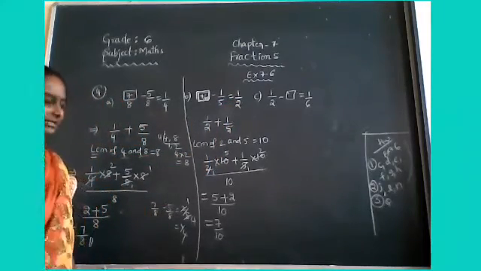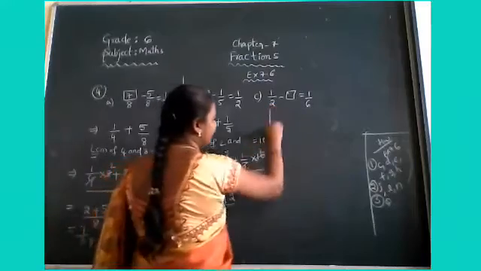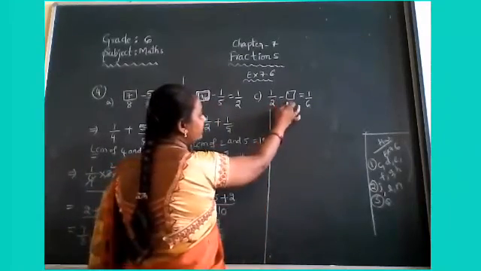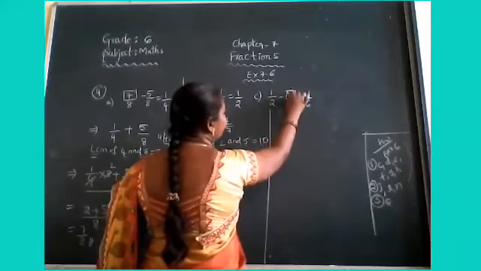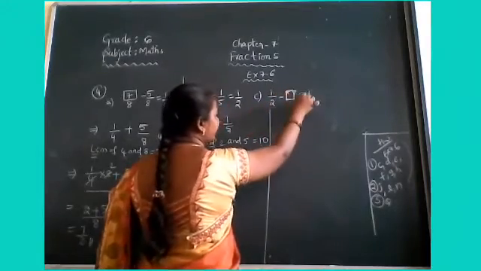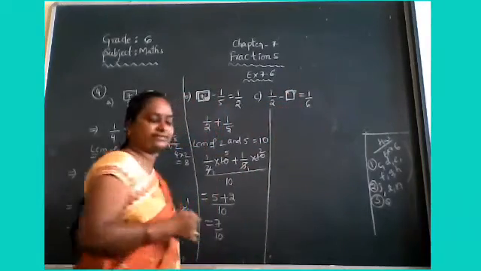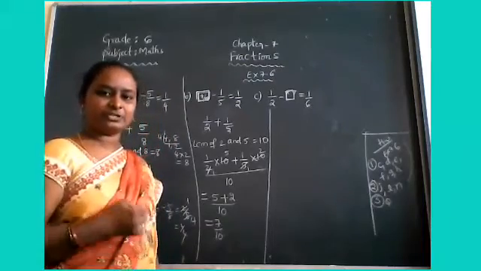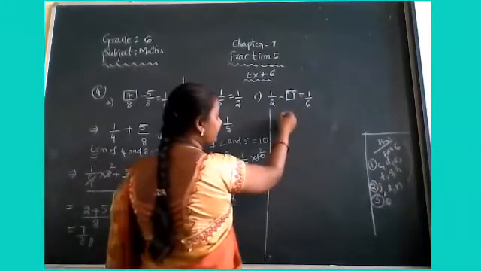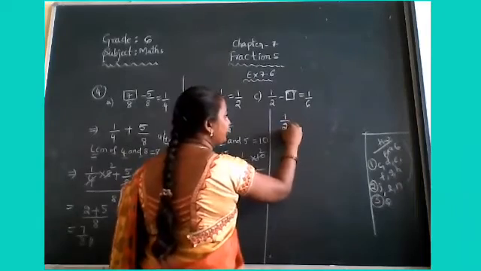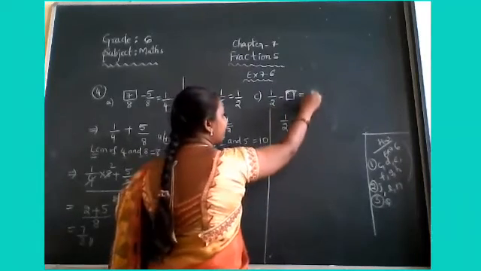Is it clear? Right. So next, see here. 1 by 2 minus the unknown fraction is equal to 1 by 6. So which fraction here do we have to shift? 1 by 6.